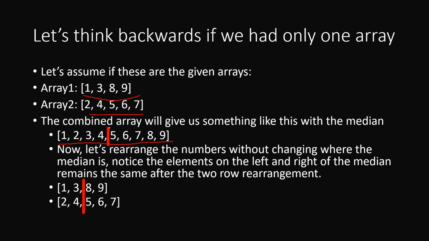That 1 2 3 4 is still on the left side, and the rest of the elements are still on the right side. I just wrote it in two rows so that it's much easier to understand. The only difference is that this arrangement gives us array1 in the first row and array2 in the second row. Sorry for the bad drawings.